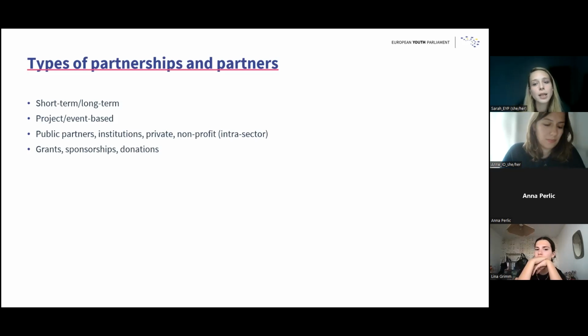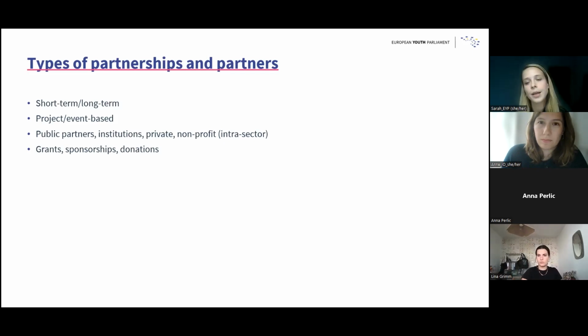So a grant is usually an amount of money that is given by a government, a business, or also another philanthropic organization for a specific purpose, for instance, a project that you are doing together. On the other hand, a sponsorship is like providing, for instance, there's an in-kind sponsorship where a business provides you with goods or service or maybe space that they're offering you to host an event.